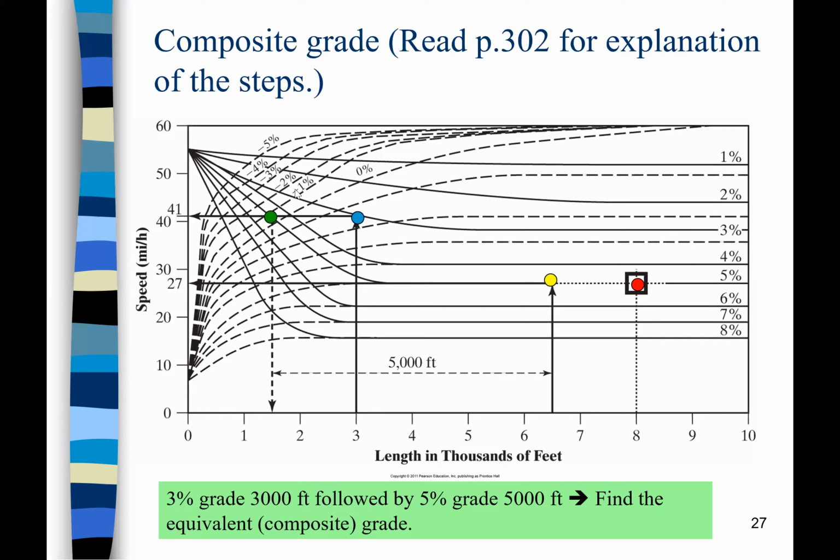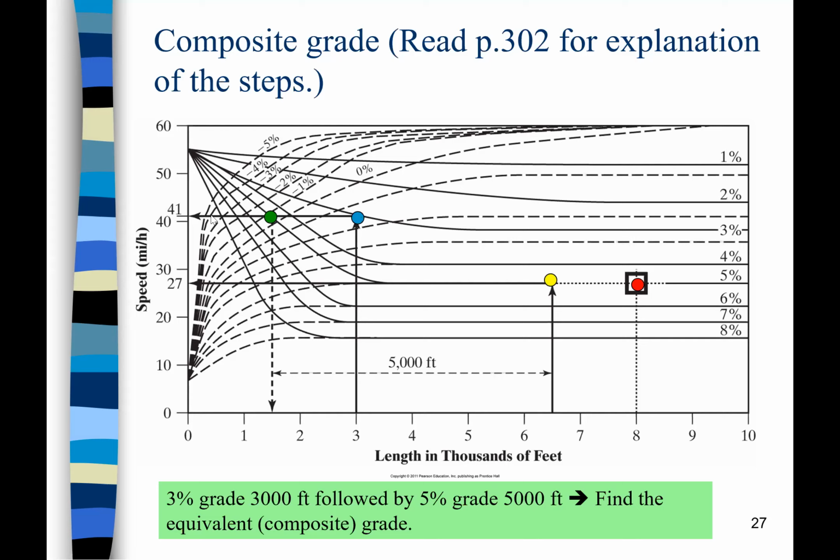The dash line contains a minus in front of it, so that means the minus is the downgrade. The plus is the upgrade. So the length in thousands of feet, the first portion is 3,000 feet, meeting the 3% grade right here.